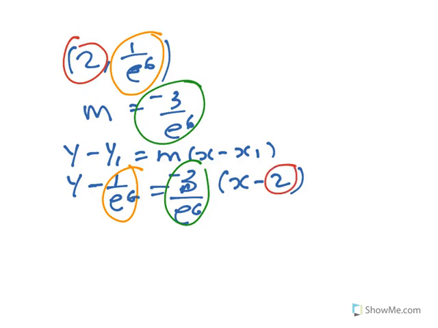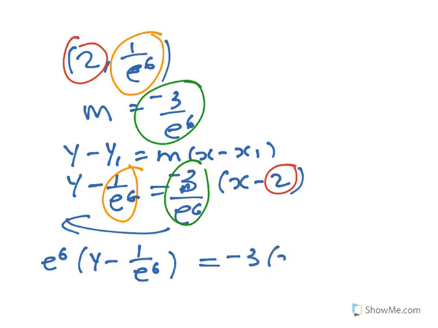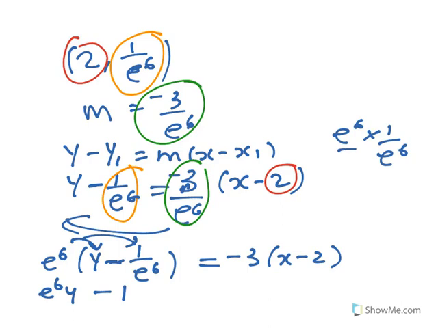Now we just need to simplify this. Now see the e to the 6 there? I'm going to multiply that on that side, because that will just help to get it into a nice form. General form is quite a nice form to put it in. So when you multiply that, you get e to the 6 y minus, now e to the 6 times minus 1 on e to the 6 will be 1, because they cancel.